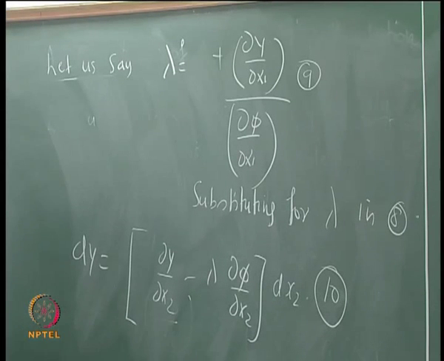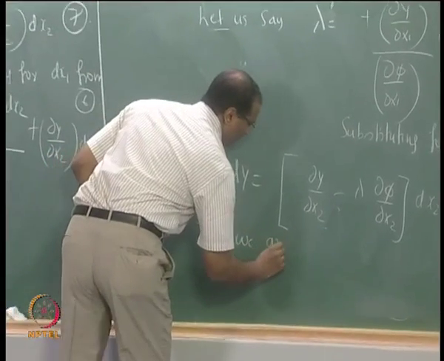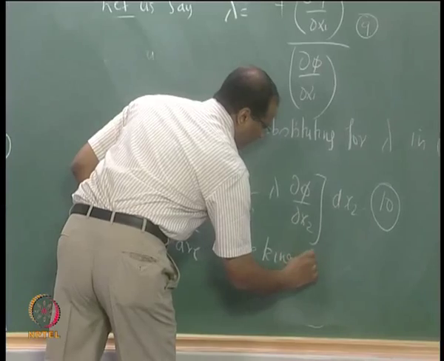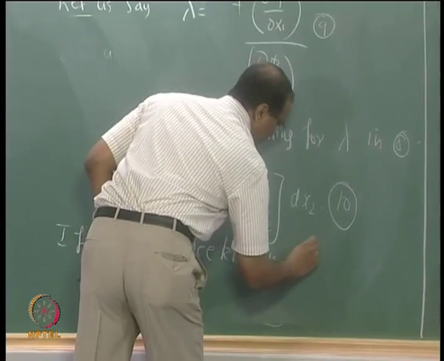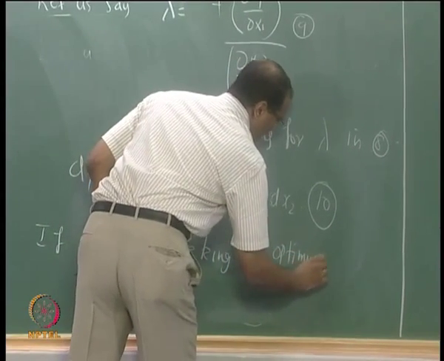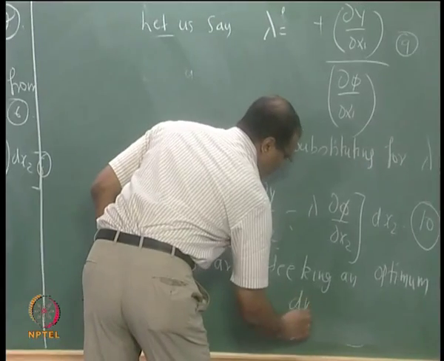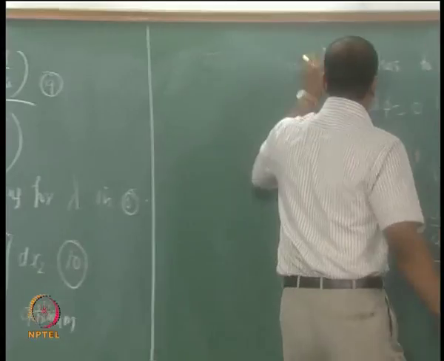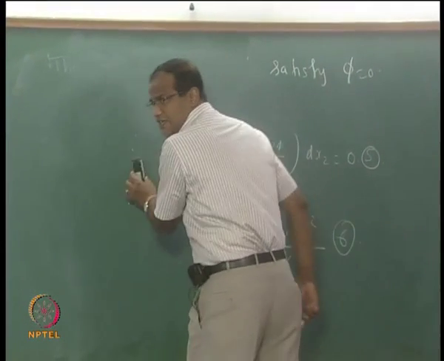Yeah, so if you are seeking an optimum, therefore the term within the brackets has to be 0. There is no point in making dx to 0, that is a very silly argument, right.